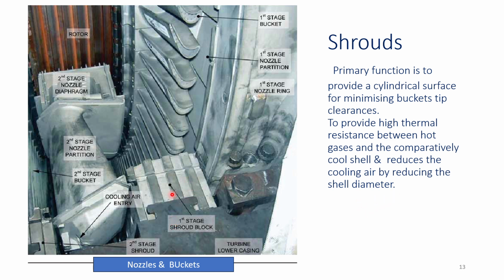So you see shrouds are here. Shrouds are for the buckets also, and for the rotating blades also. This is the first stage nozzle, and then this is your rotating blade. This is your second stage nozzle. This is the rotating blade.